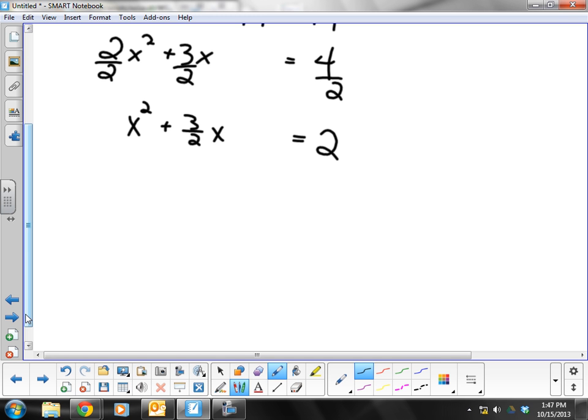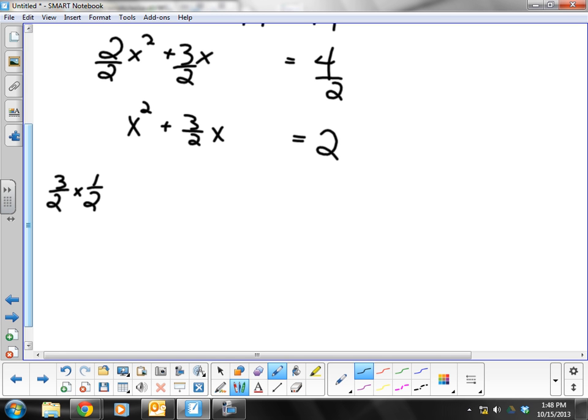Now, the reason I say I'm good with fractions is because now when I do this over to the side, I got 3x and I need to divide it by 2. But is that a problem? What's the same thing as dividing by 2? Multiplying by 1/2. So I'm going to multiply it by 1/2 because that's the exact same thing as dividing by 2. And if I already started with the fraction, I definitely don't want to make it a complex fraction.